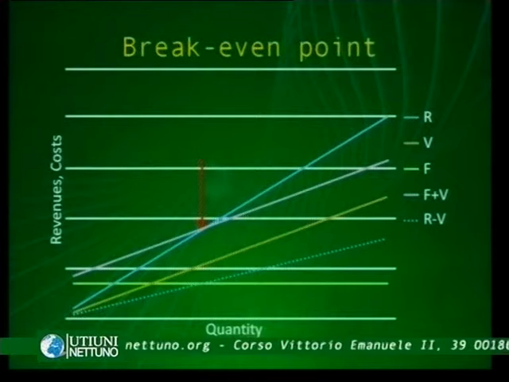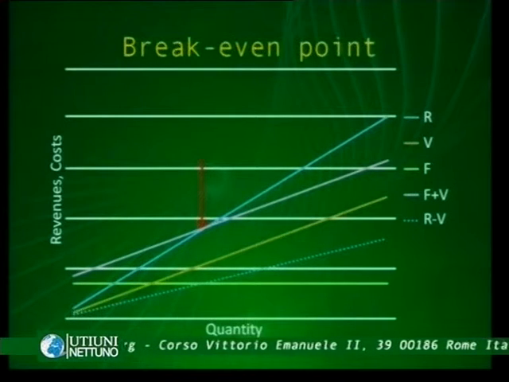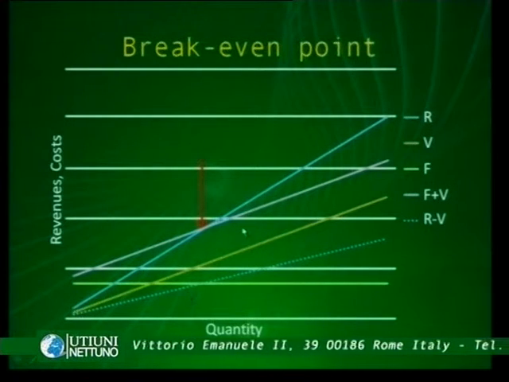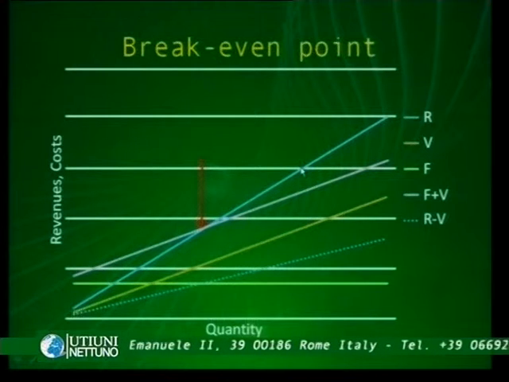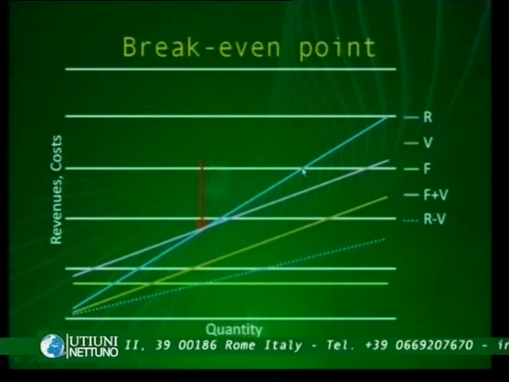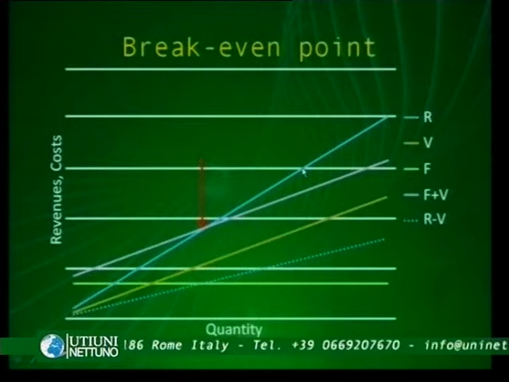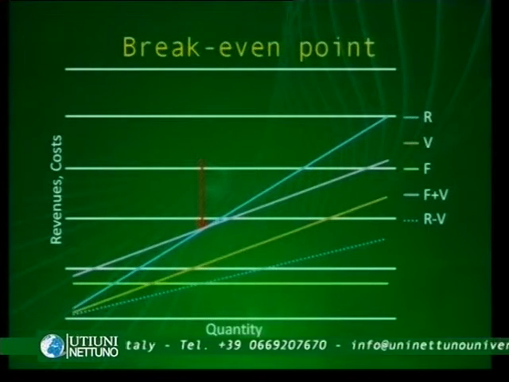So this is a high risk project. Instead, if we believe that the quantity produced is well beyond the break-even point, we can be relatively safe that the project will generate profits, and so that the project will be convenient, and there is lower risk that the project will generate losses.